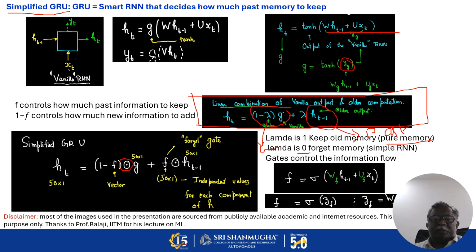G is basically the output of this, and similarly this will take care of the current one. This takes care of the past output. So f Hadamard operator H_{t-1}. When you have this element-wise multiplication, it takes care of the old one. That's why it is called the forget gate.